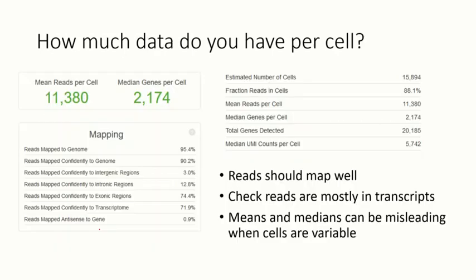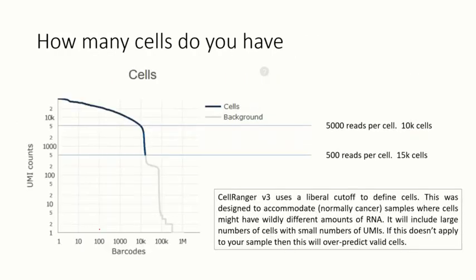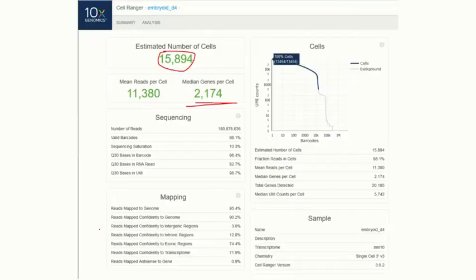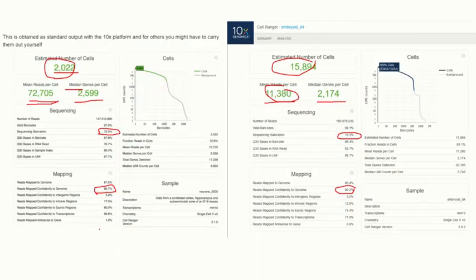When we go back to the slide where they're comparing, the reads per cell is higher and the number of cells is lower, that is 2022. If we look at the sequencing saturation, it's 72.5%, whereas the other is 10.3%. So the mean reads per cell is lower.